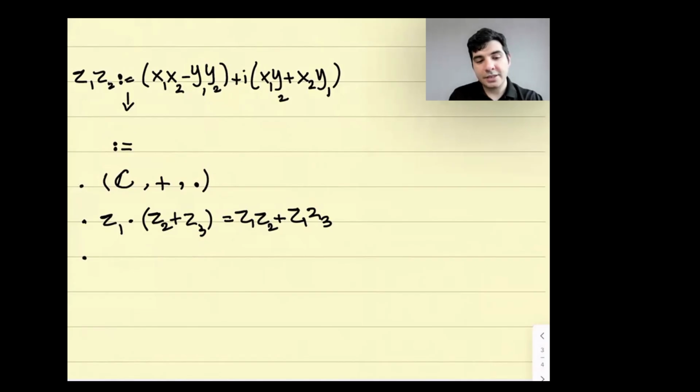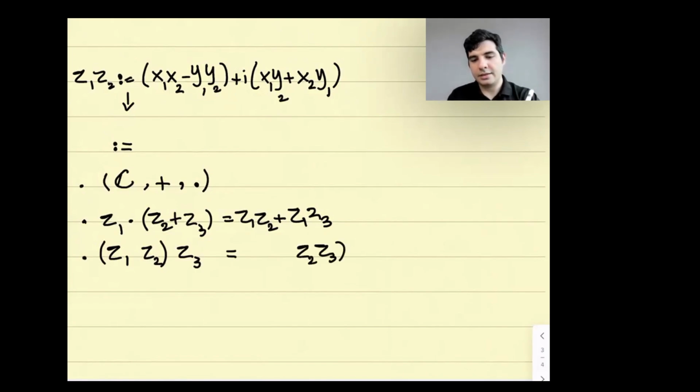Or we have associativity with respect to product too. If we have Z1, Z2, Z3, it doesn't matter whether we first consider multiplication of Z1 and Z2 and then multiply the result by Z3, or first Z2 and Z3 and then multiply the result by Z1. It's commutative. Z1 times Z2 is equal to Z2 times Z1.